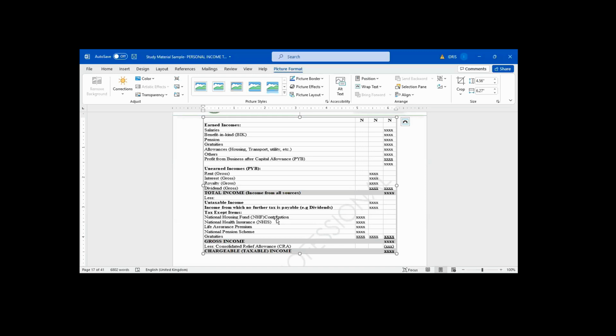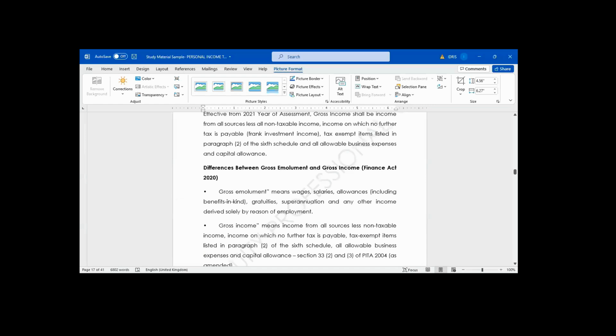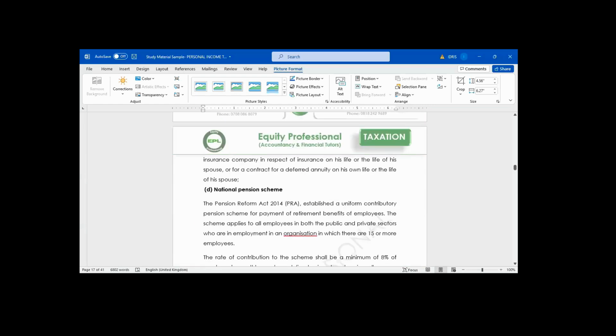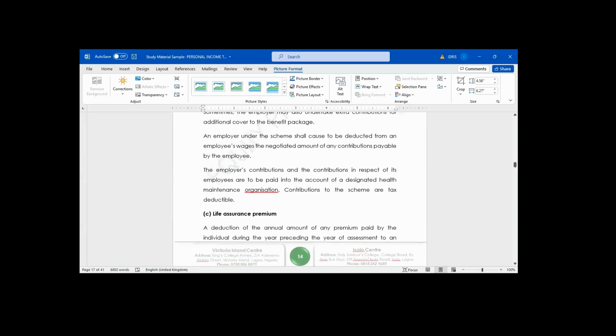In the question for personal income tax, the examiner may give us the amount. If the examiner gives us the amount, it's okay. But if the examiner tells us that the company paid National Health Insurance Scheme on behalf of the employee and did not give us the amount, we need to calculate it by ourselves. What is the rate?